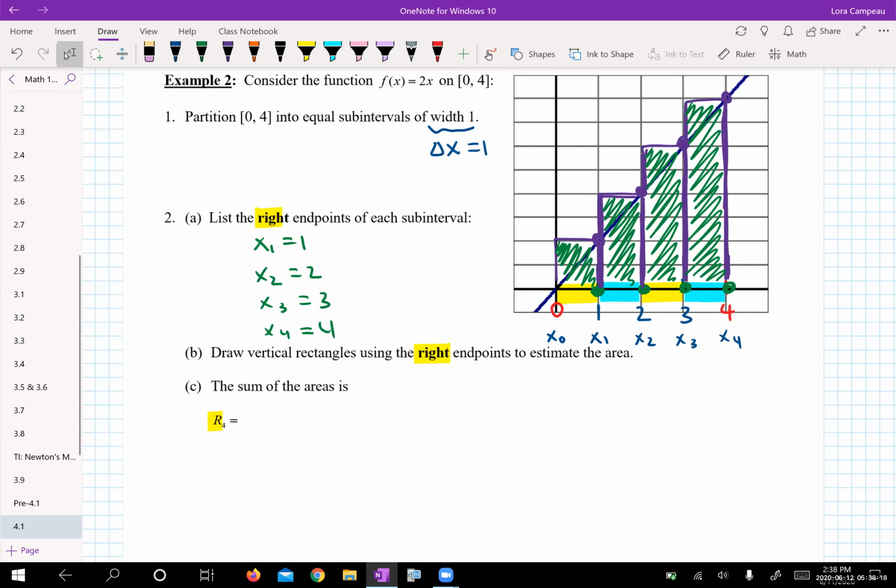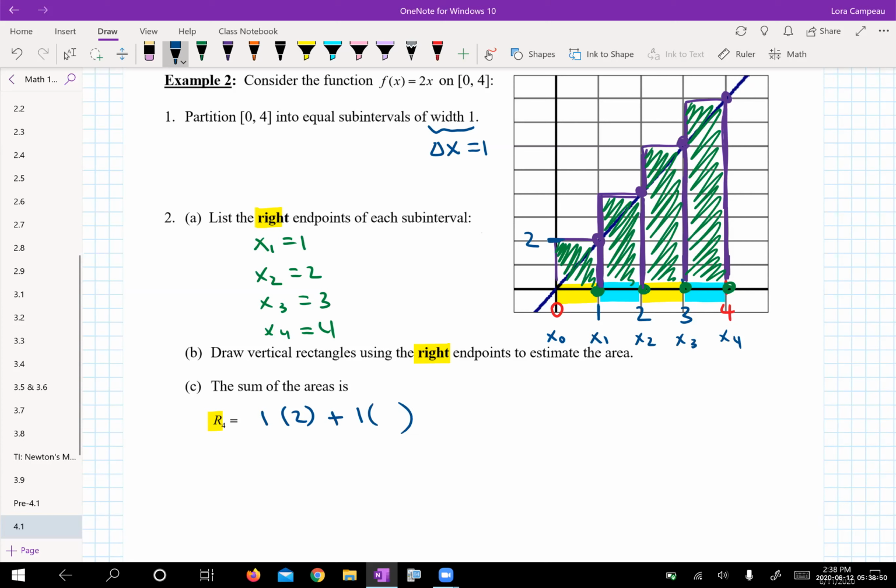Just if we use numbers, the first one, if I'm looking at the first yellow region from 0 to 1, the area of the base is 1, and then the height this time is 2. That's where we're getting our height right here. Add that up to the first teal subinterval. The area is base, still 1.